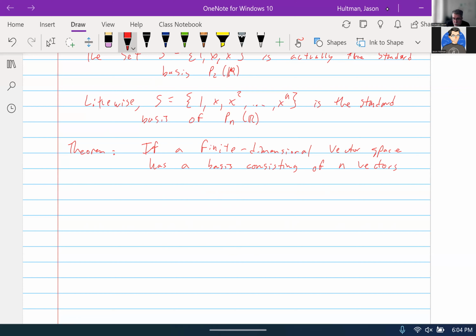So if a basis has n vectors, then any set of more than n vectors is linearly dependent.